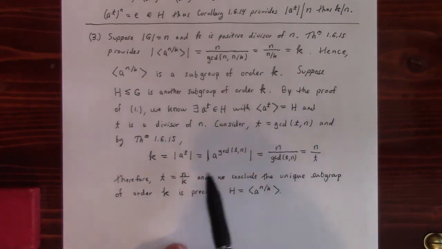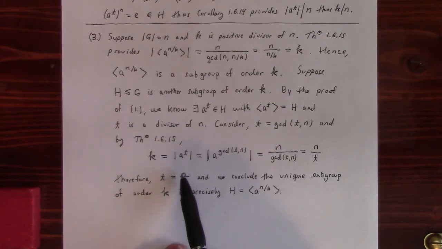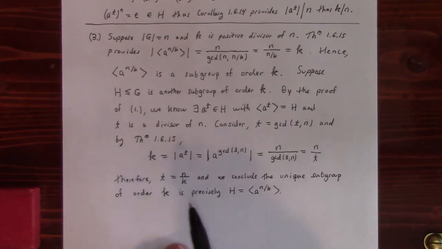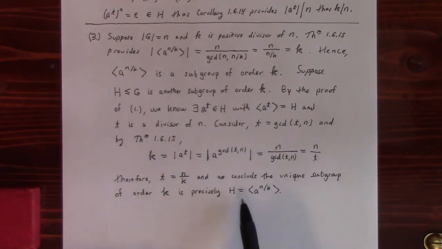Therefore, t is equal to n over k, and we conclude that the unique subgroup of order k is precisely the one generated by a to the n over k, right? Because if we take another subgroup of the same size, we're led back to the same subgroup once more. So there you go. That's the fundamental theorem of cyclic groups.